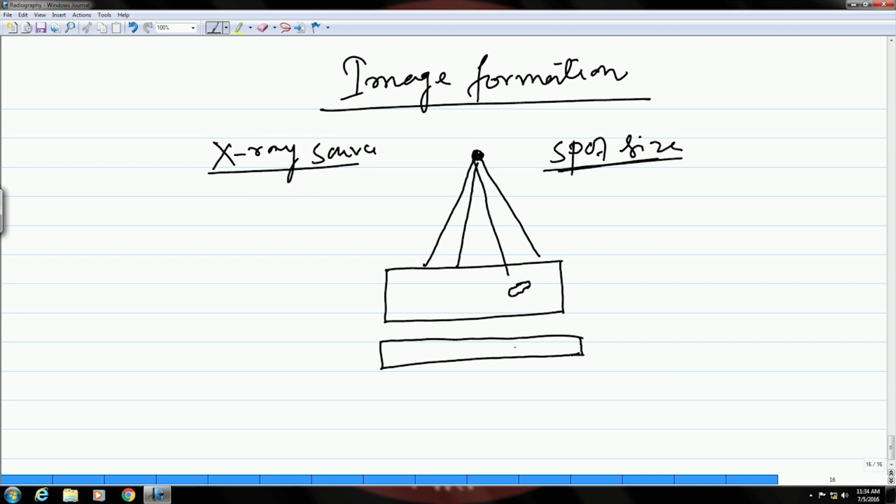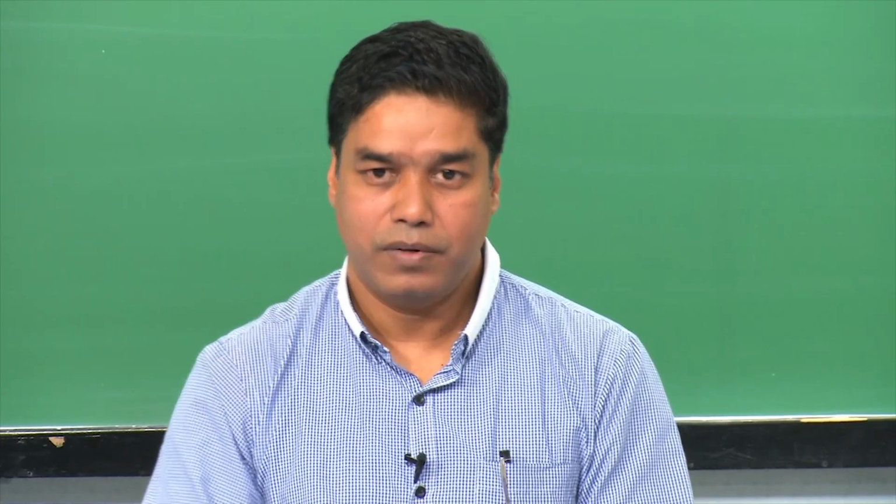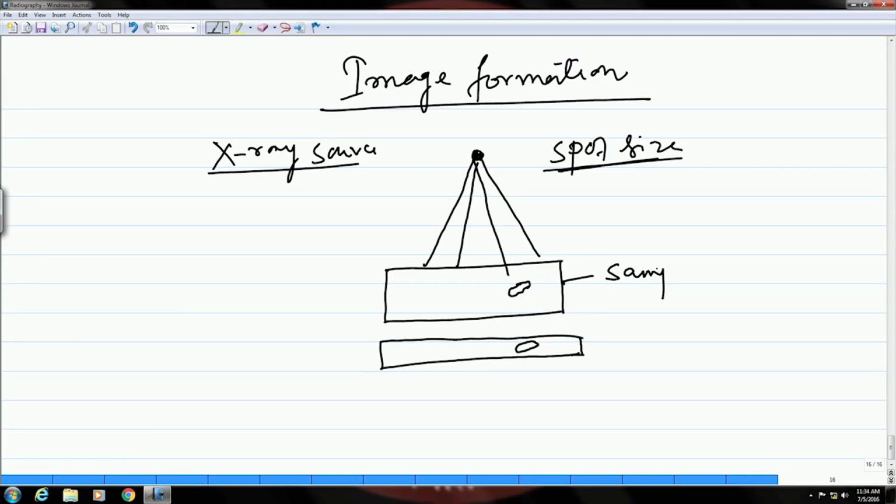Okay. So, then you will see a 2D image or the shadow of this whole sample and the defect on the image which is formed on the radiographic film. Okay. So, this is how the image is formed.